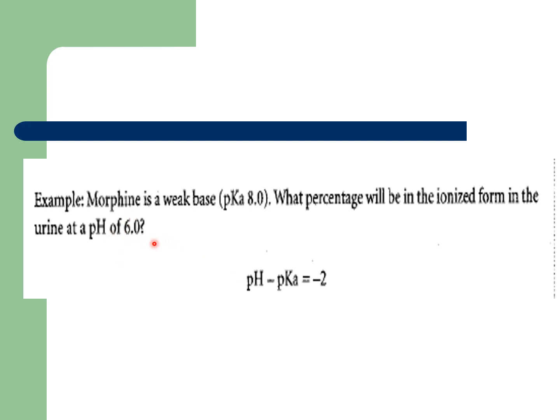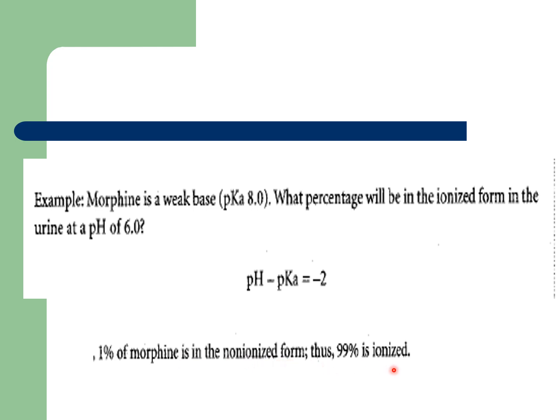The urine pH is 6 and the pKa is 8, so 6 minus 8 is minus 2. Since it's a base, let's see how we can proceed. According to the table, 1% of morphine is in the non-ionized form and 99% is in the ionized form.